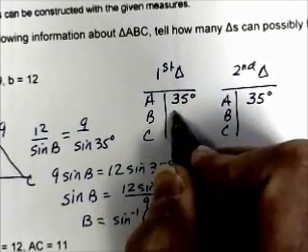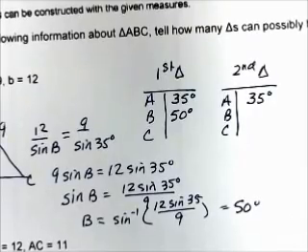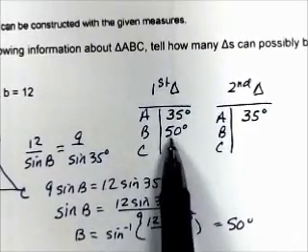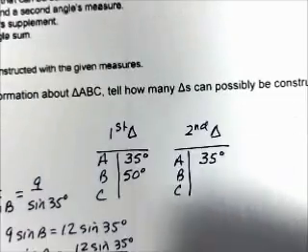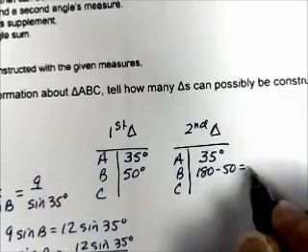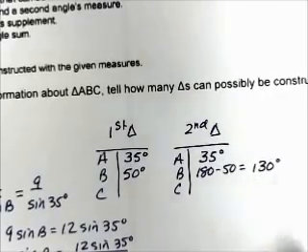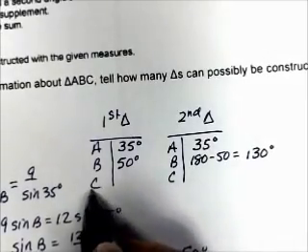Okay, so we put 50 degrees for angle B in our first triangle, and in our second triangle we want the supplement of 50. All right, determine this angle's supplement. So 180 minus 50 is 130. Now check our total.